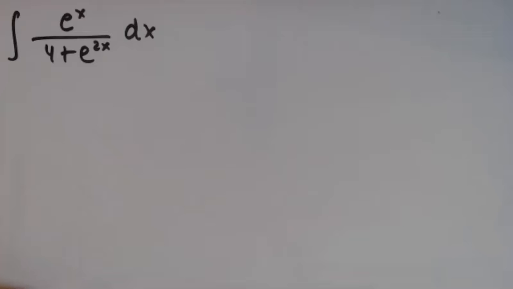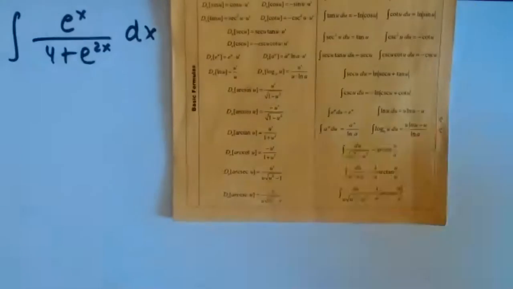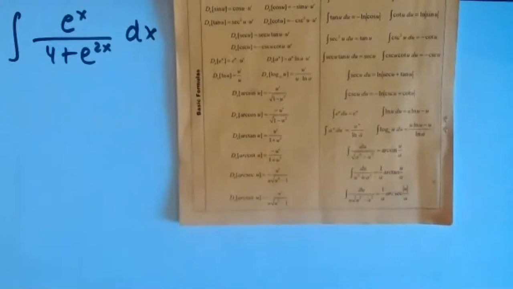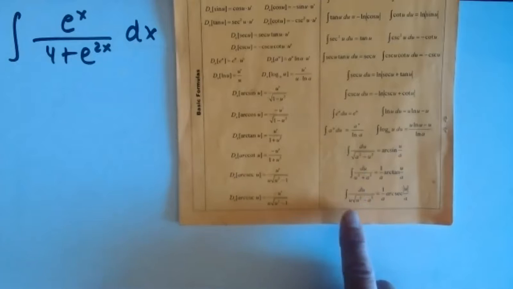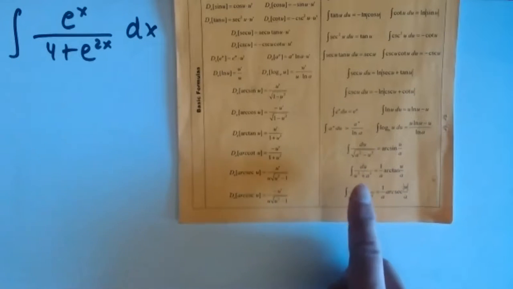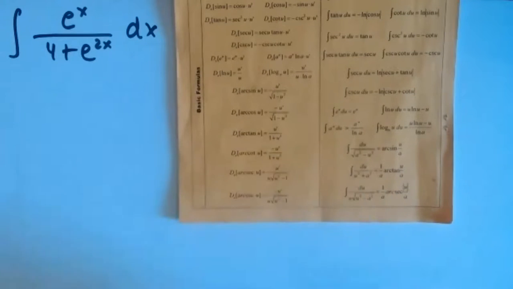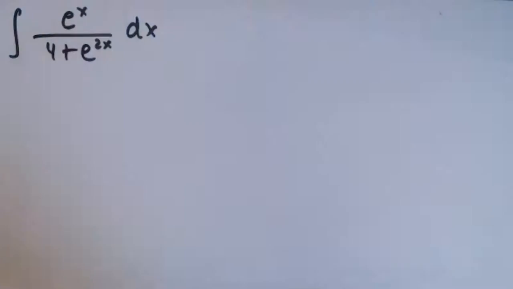Okay, now again, my formulas. Right here. So I have these three. Well, it seems that just the middle one is going to help me, because this has a radical, this has a radical, so there is no radical here. So let's see this middle one. So I'm going to write my formula.